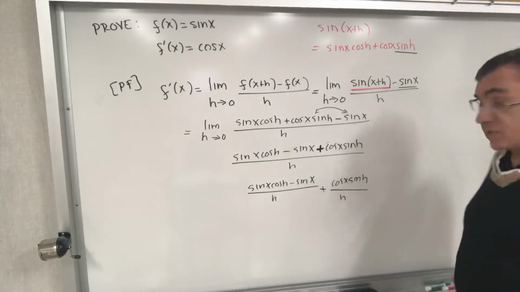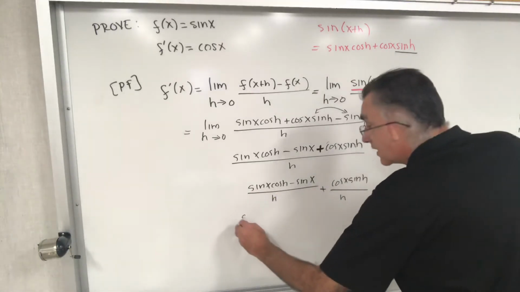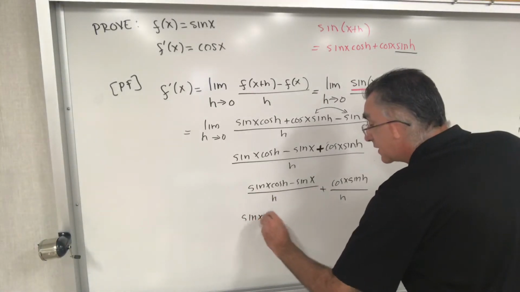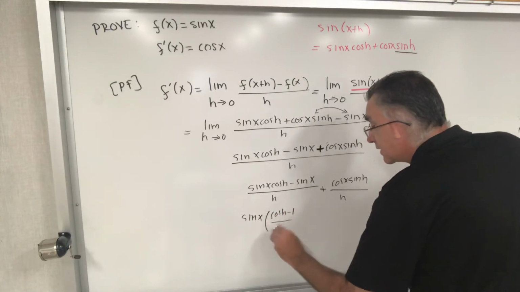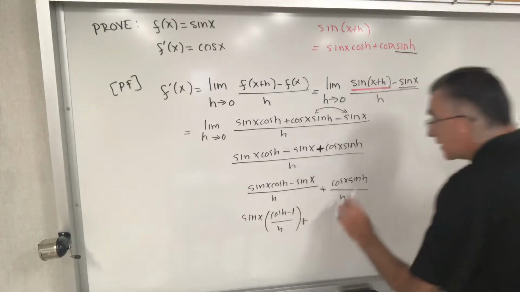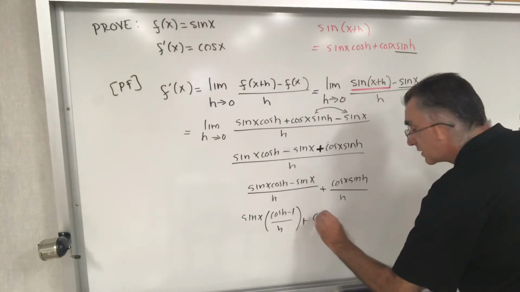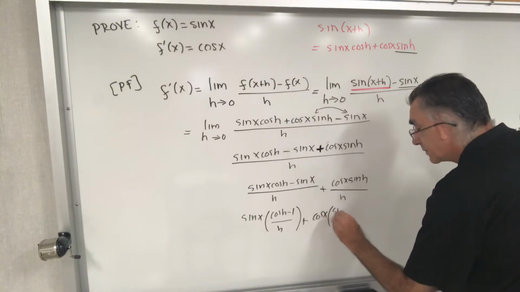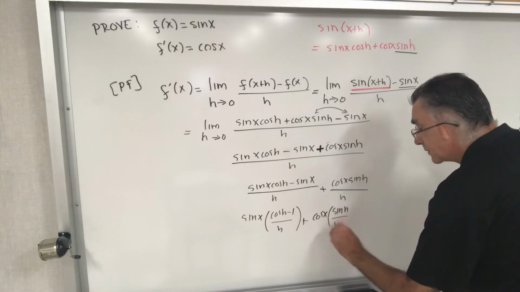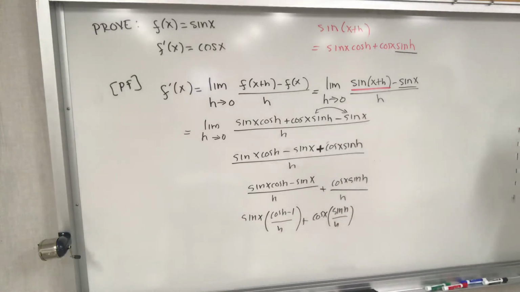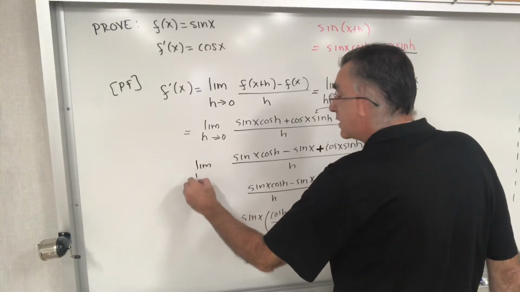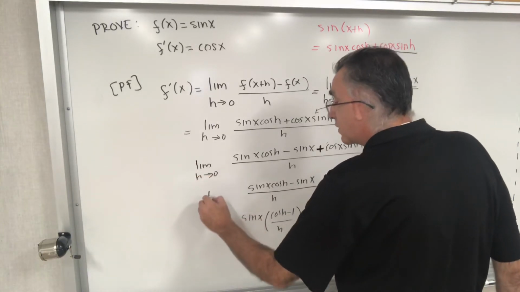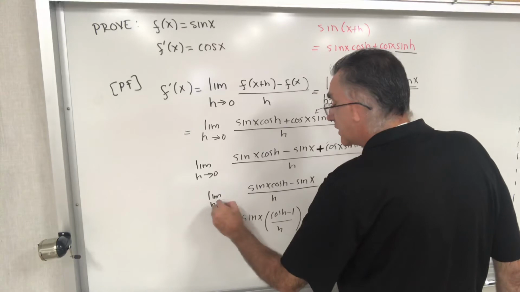Then what you're going to do is factor out the sine x. And you factor out the cosine x. Now remember, in each of these, we're taking the limit as h goes to 0. Kind of being lazy, but not writing it here.